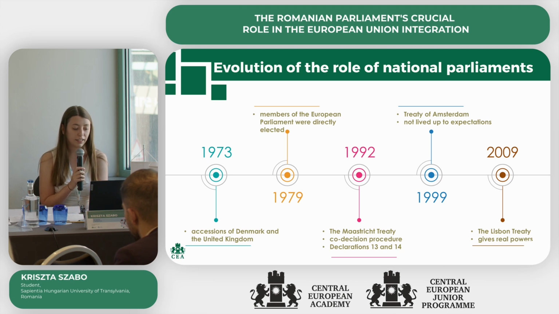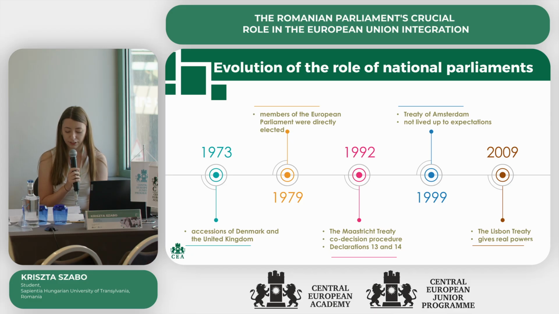In 1999 came the Treaty of Amsterdam, but it didn't quite live up to expectations when it came to involving national parliaments. Finally, the Lisbon Treaty really made a difference. It not only strengthened the European Parliament's power, making the EU more democratic, but it also gave national parliaments a bigger role, boosting democracy at the national level too.